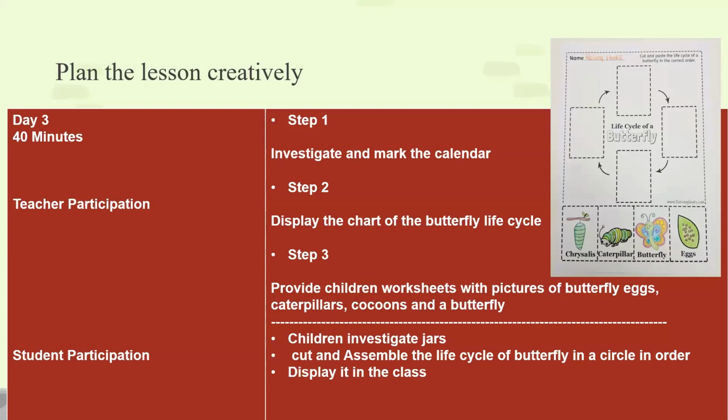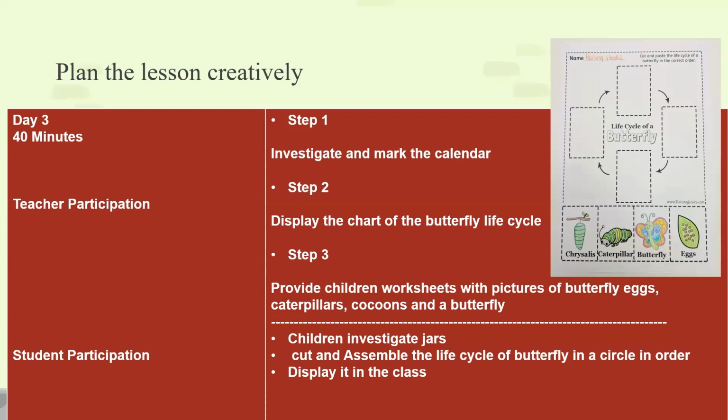So on the third day, also we are going to investigate and mark the calendar. Okay, then I'm going to display the chart of the butterfly life cycle for children to see and provide a worksheet with pictures of butterfly eggs, caterpillars, cocoons, and a butterfly.